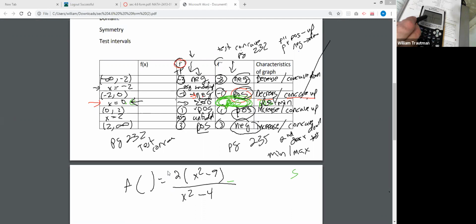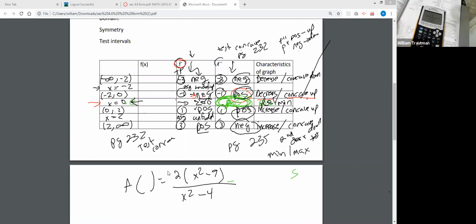Then from negative 2 to 0, it's also a decreasing function. Here's negative 2, here's 0.